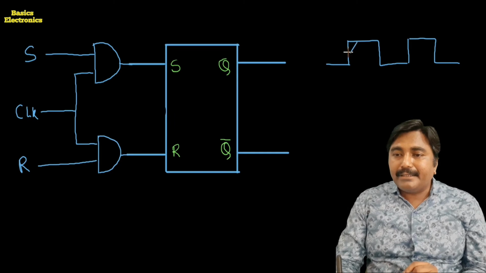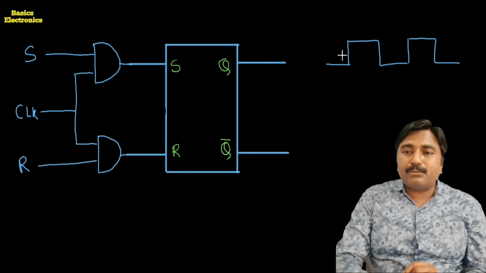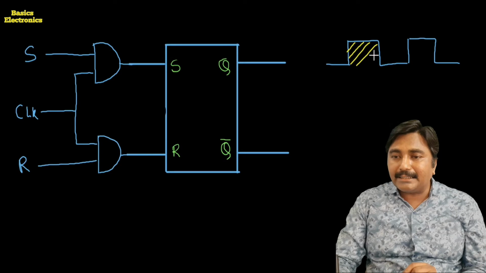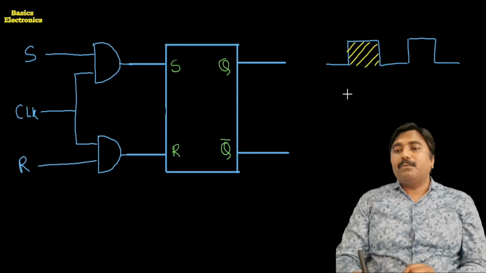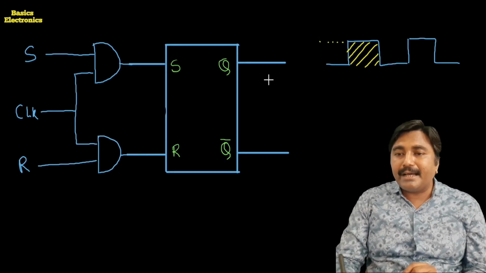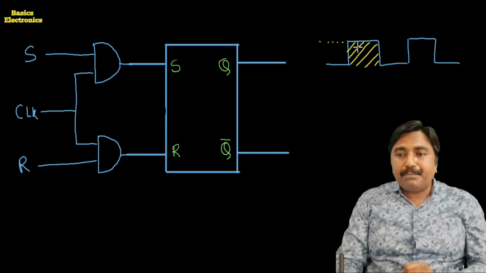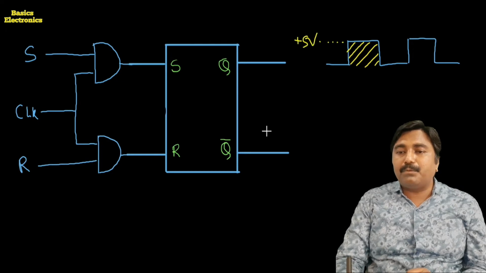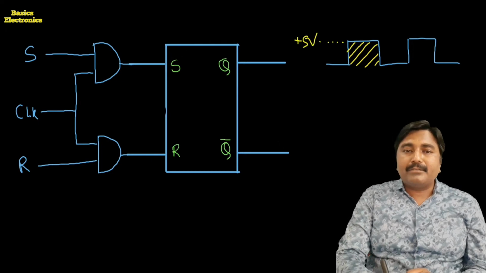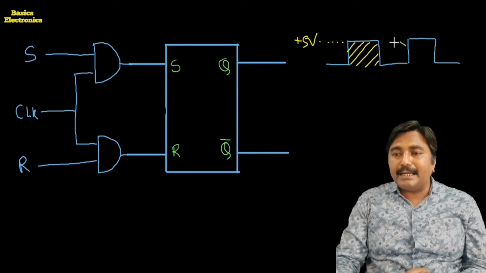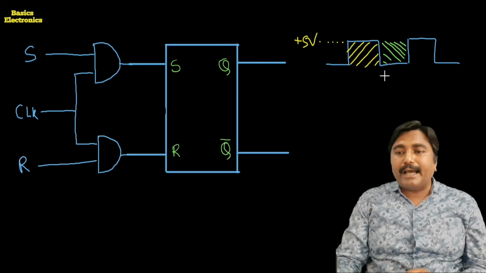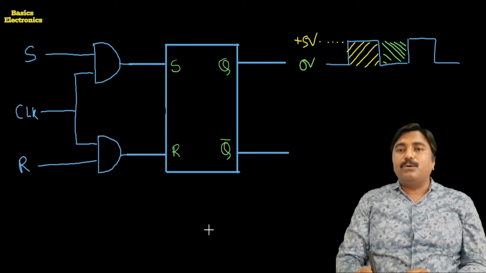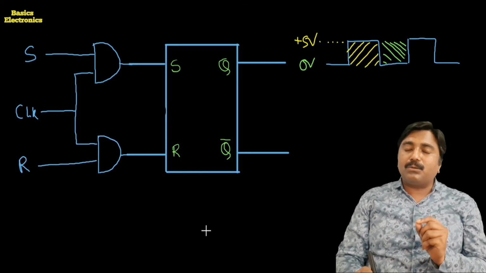If we consider this time period, we call it the high time, or the on time, because the voltage value of this time period is equal to plus 5 volts. This other time we call the low time, because the voltage value of the waveform is equal to 0.